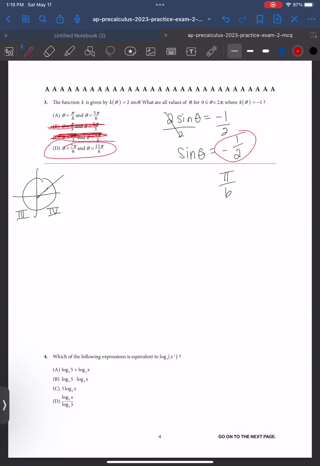D. Okay. Ooh, look. Which of the following expressions is equivalent to log base 3 of x to the 5th? This is easy. What do I do? Um, expand?